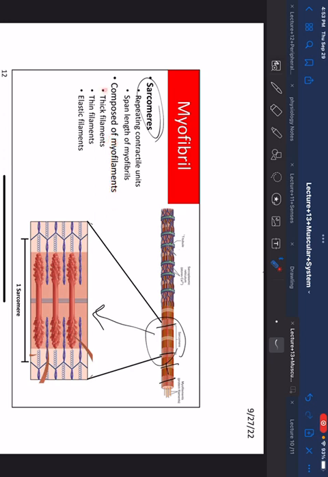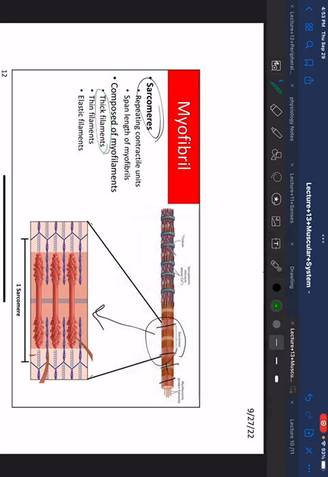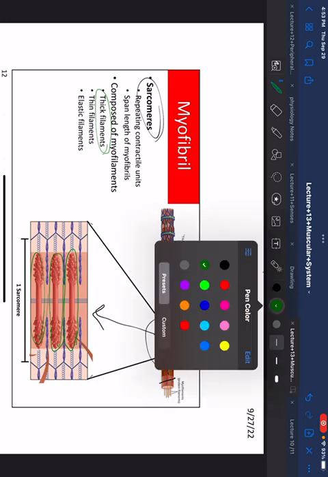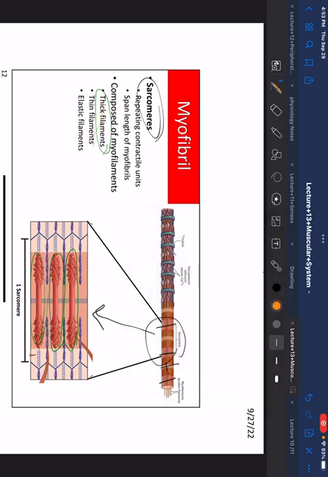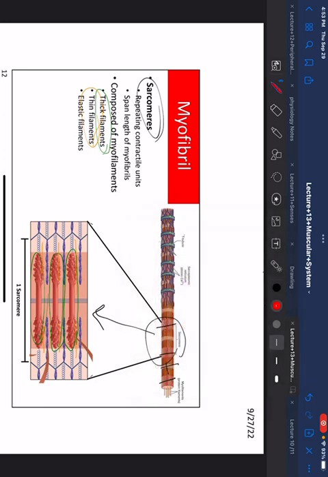We have thick filaments, which are conveniently thicker in structure. We have thin filaments, which are thinner. And we have elastic filaments, which act as molecular springs. Those are these guys that look like springs.